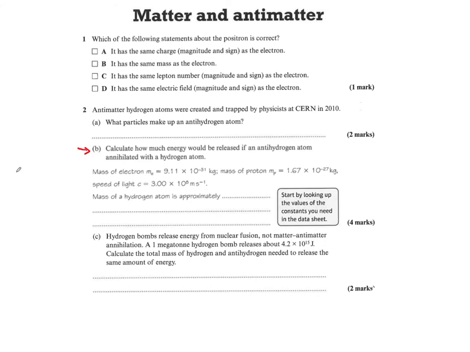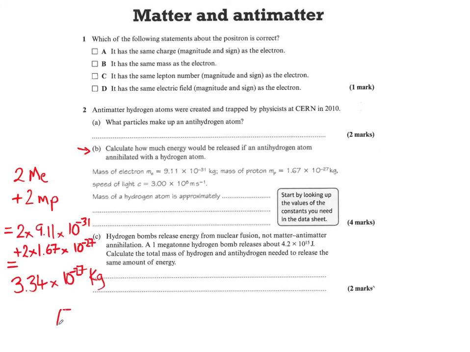So 2me plus 2mp will equal the following. We get the mass of 2 electrons and the mass of 2 protons, and when we calculate it, we find it's 3.34 times 10 to the -27.